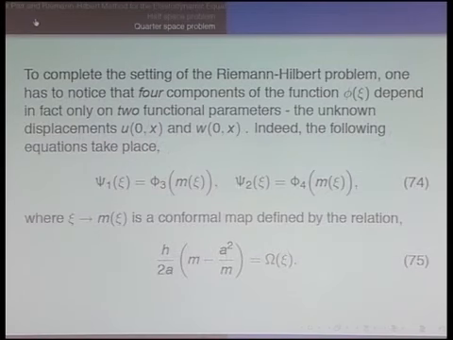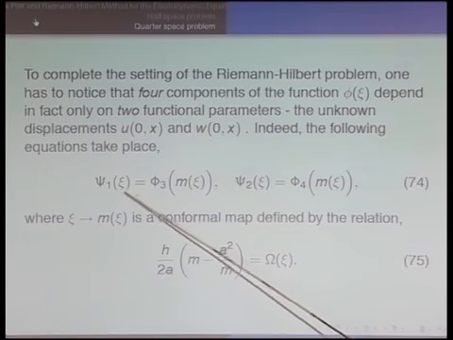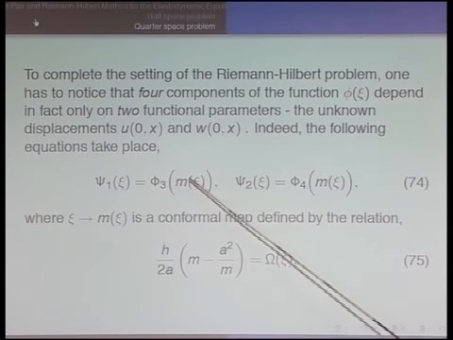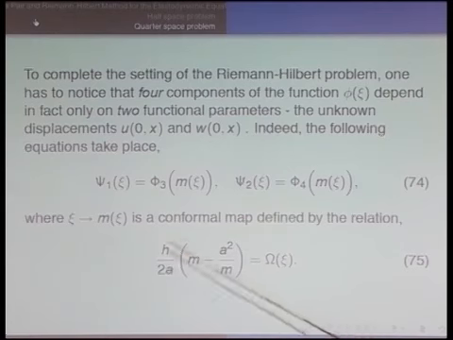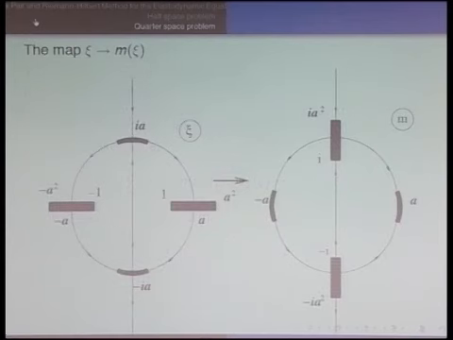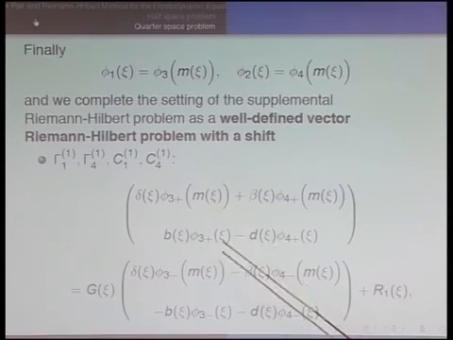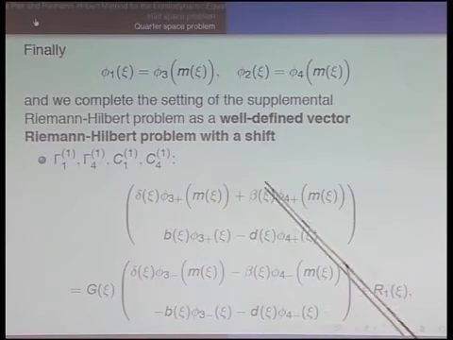Here we are. We express one unknown function in terms of another unknown function, but with a shift which is given by the conformal map, and this map is presented on that picture. That completes our setting of the supplemental Riemann-Hilbert problem.